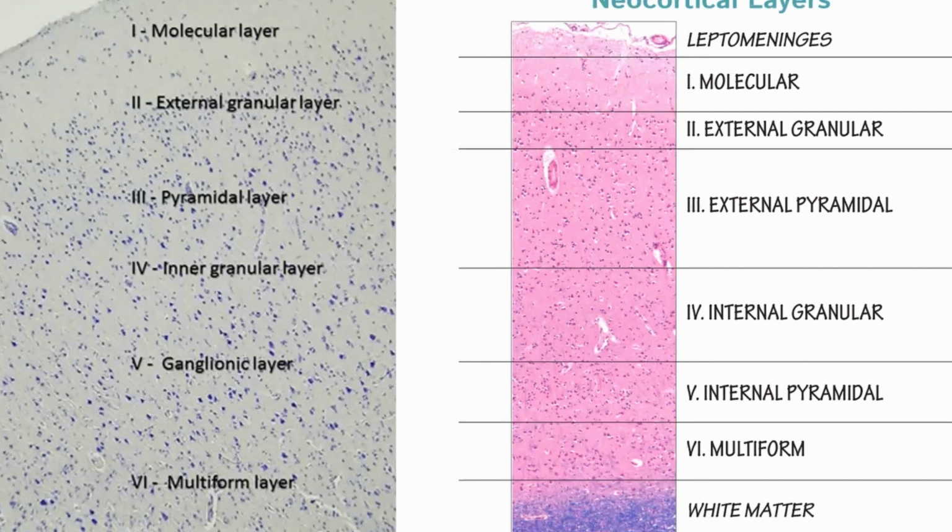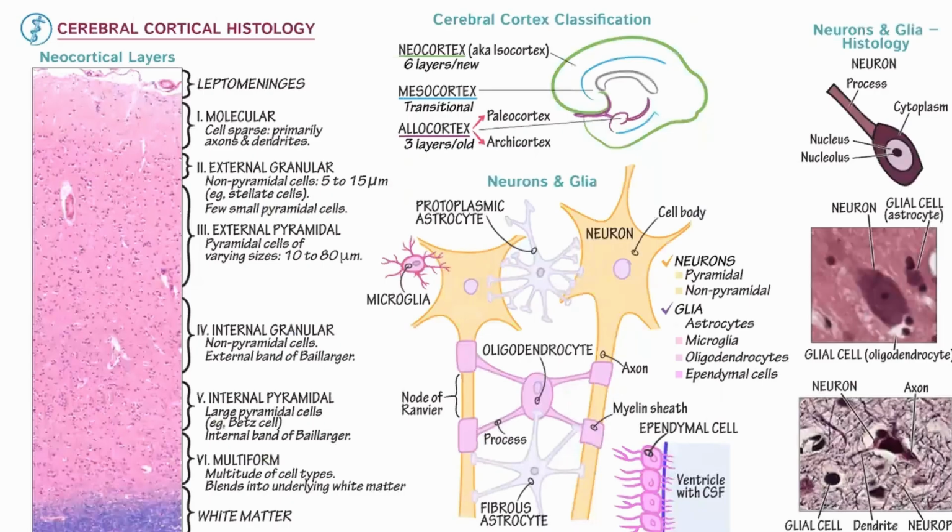For example, based on the appearance, you have the molecular layer, external granular layer, pyramidal layer, internal granular, ganglionic, and multiform layers. It's basically just describing the area based on what is in it. In the molecular layer, expect axons and dendrites. In the inner pyramidal layer, expect different types of cells, pyramidal cells. They have different names for these cells.